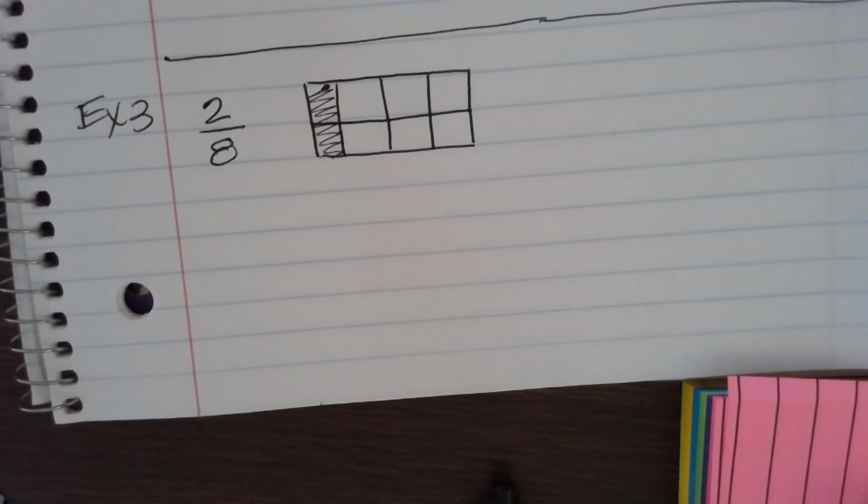Imagine it before being cut. Like I said before, to make the equivalent fraction, we would have cut it in half. So picture it as though it might have been before we sliced and diced it. What would it have been before then?